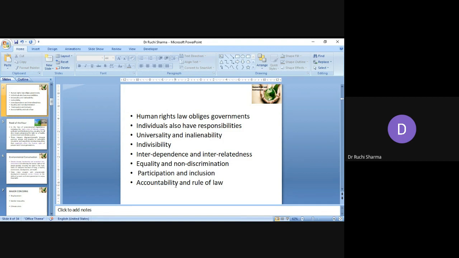Last is accountability and rule of law, where we are all governed by certain rules and regulations, and we are also accountable for whatever actions we take.